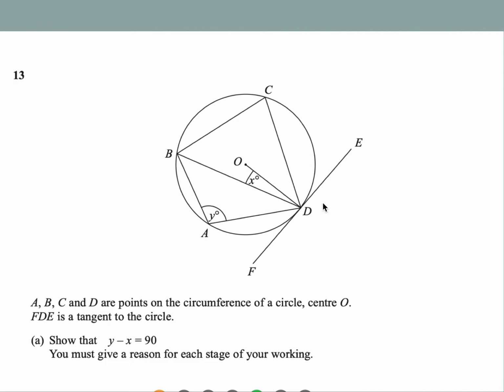Right, another one with a tangent. So whenever there's a tangent, it's normally a good idea to draw on the right angle, so I'm just going to put that in there. Show that y minus x equals 90.